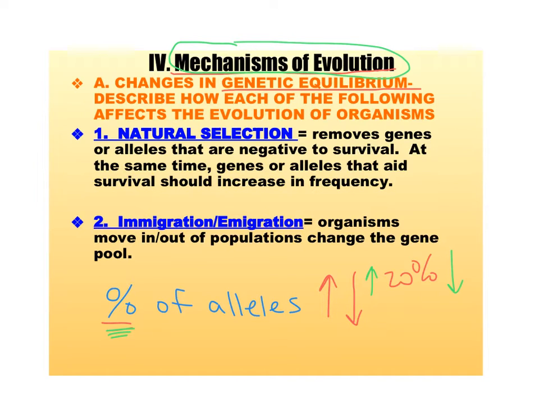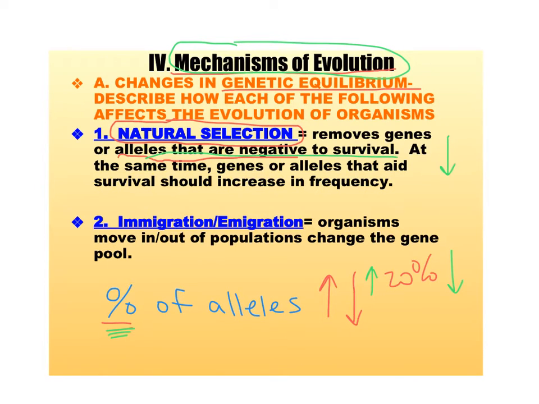And the first and most important thing that can cause the frequency or percentage of alleles to go up or down is natural selection. Natural selection is basically survival of the fittest. Alleles which give you traits that are negative to survival, so they're actually bad, do not give you a better chance to survive, so those alleles should go down in frequency.